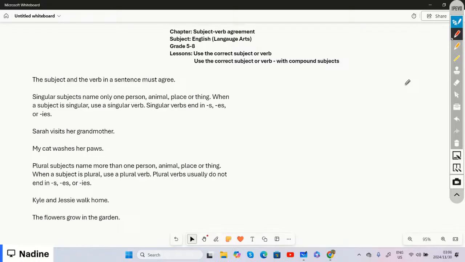So when it comes to our singular subject, it refers to either one person, one animal, one place, or one thing that we are making mention of within the sentence. It names only one person, one animal, one place, or one thing. That is a singular subject.